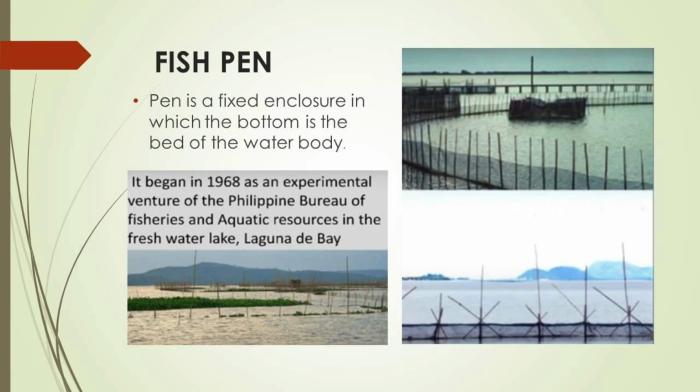As you can see, they are utilizing a wood stick, or shall we say bamboo stick, and a net in order to create a fence. Usually they are culturing fish like milkfish in here.